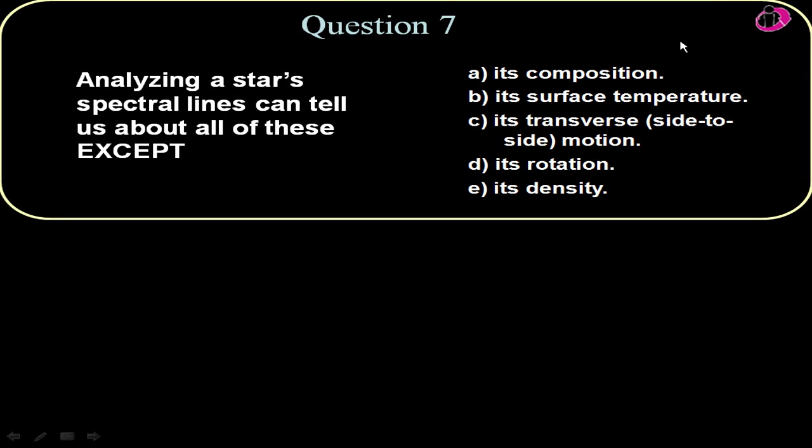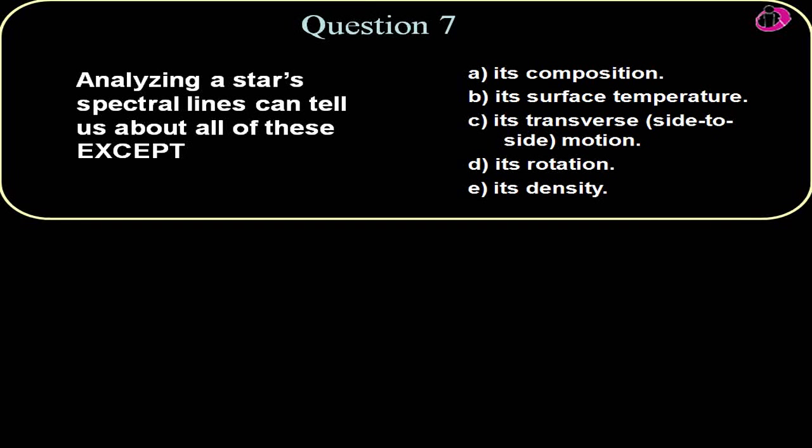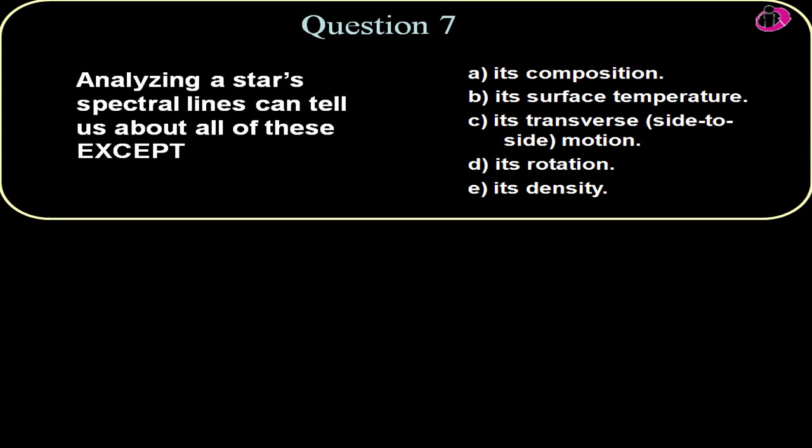Question 7. Analyzing a star's spectral lines can tell us about all of these except... well, we can get a lot of information from light. From the spectral lines we can get its composition. We can get its surface temperature from Wien's law.